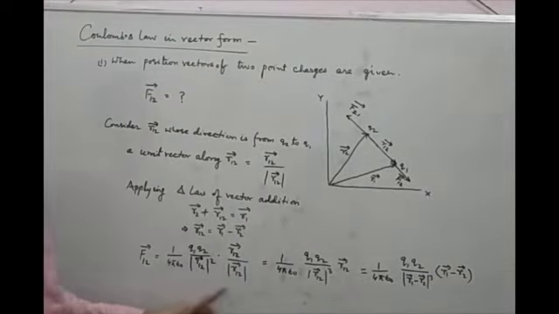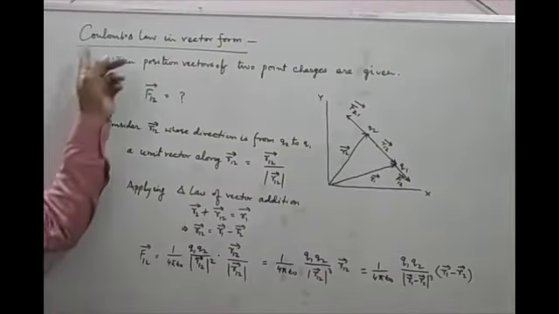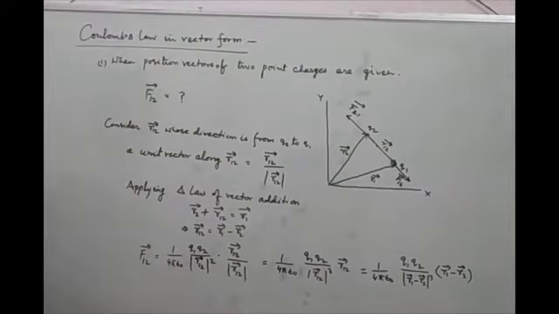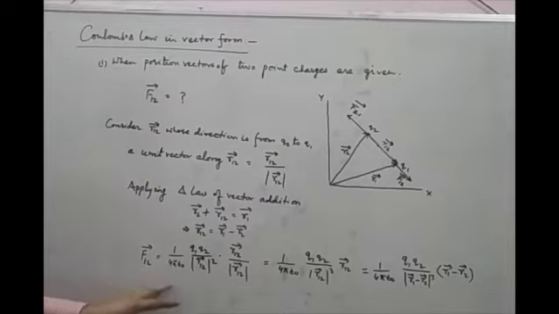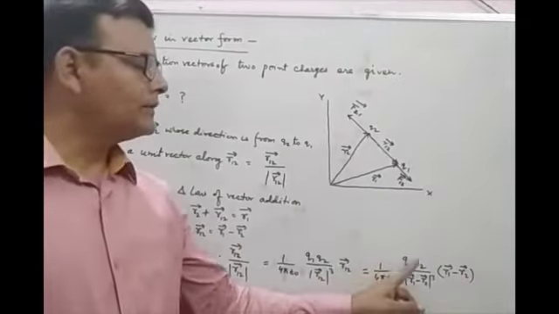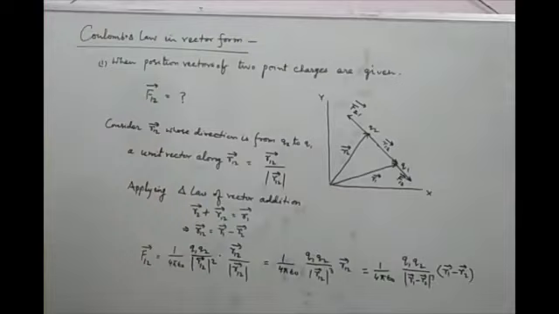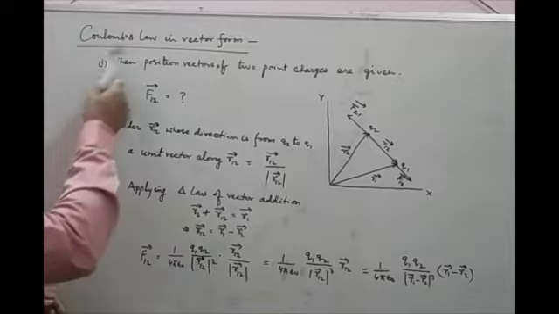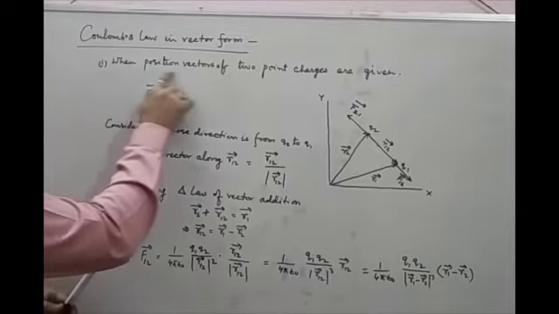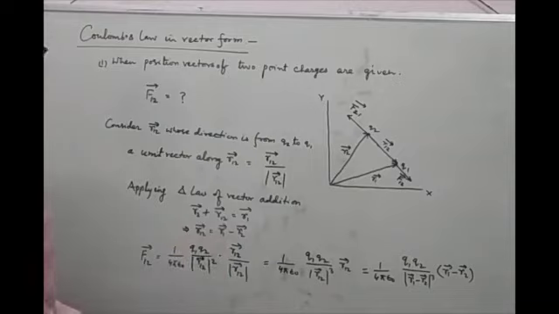This is the general form of Coulomb's law in vector form. Remember, this is a vector quantity. It has magnitude and direction both. So when you use this formula, you must write the sign of these two charges, positive or negative. Thus, we can write Coulomb's law in vector form when position vectors of 2 point charges are given.